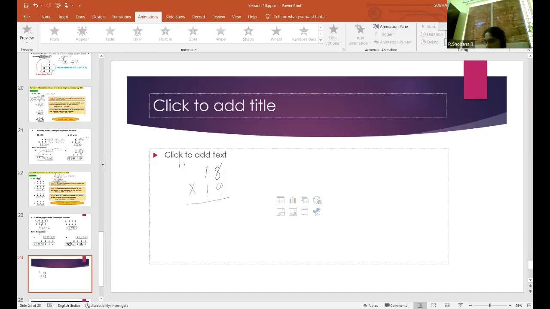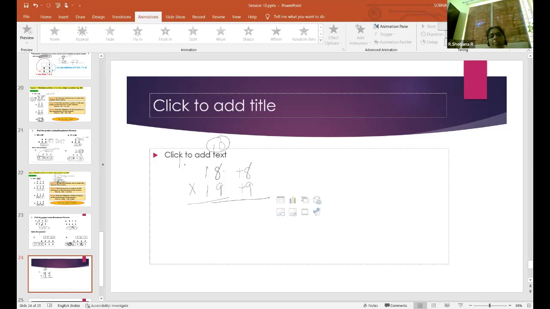For example, if it is 18 into 19, so how much? What is the base of this problem? It would be 10. How much does it deviate from the base 10? If you say it is 8, how much does this one deviate? This would be 9. So the answer will have two parts.